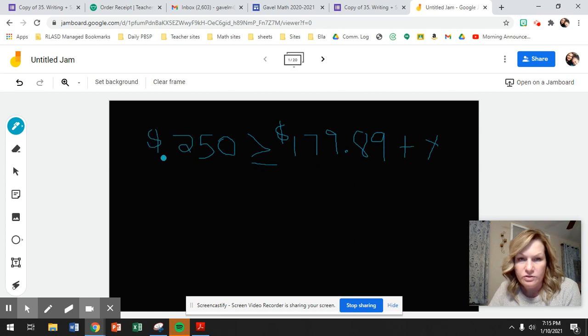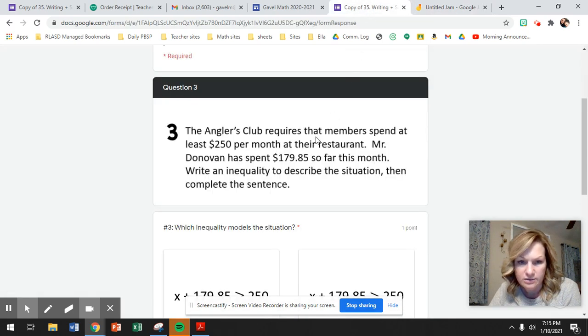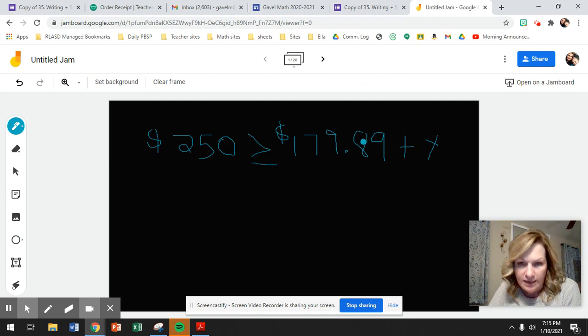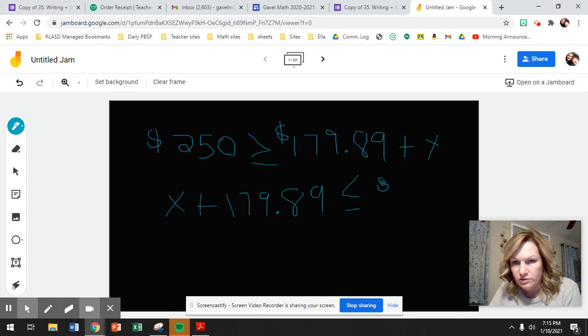So let's see, we have 250 is greater than or equal to $179.89 plus X. This would be the same as X plus 179.89 is less than or equal to 250.